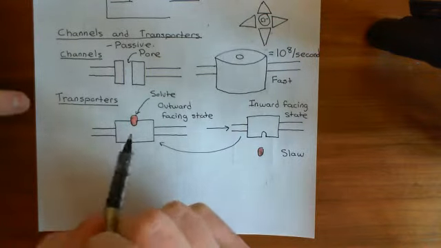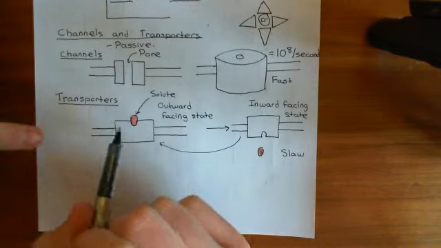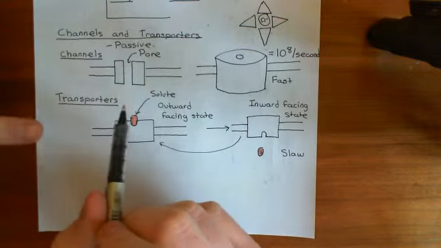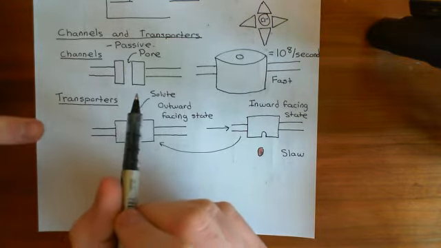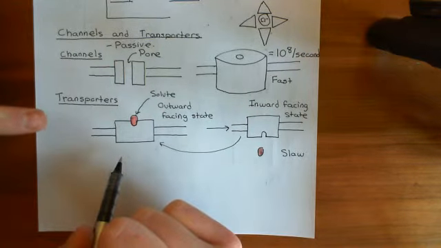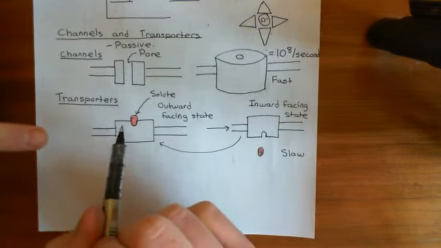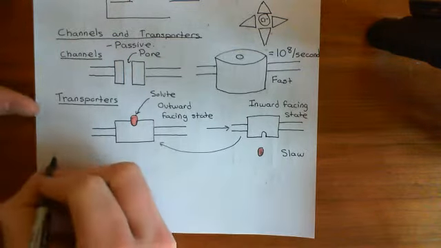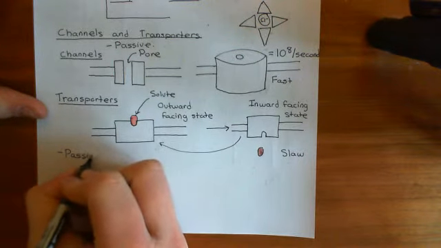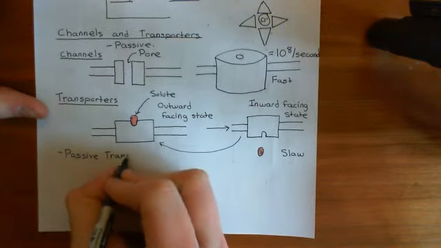Okay. Meanwhile, when we're talking about transporters, some of them will be passive, i.e. they will just move the solute molecule from the area of high electrochemical potential to the area of low electrochemical potential, whilst others can be active. They can actually move them in the opposite direction. Passive transporters will move solute molecules down their electrochemical potential gradient.